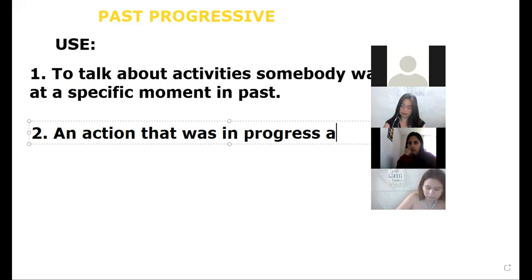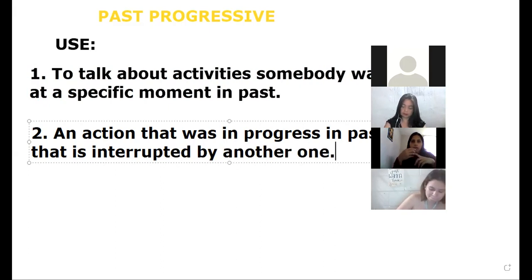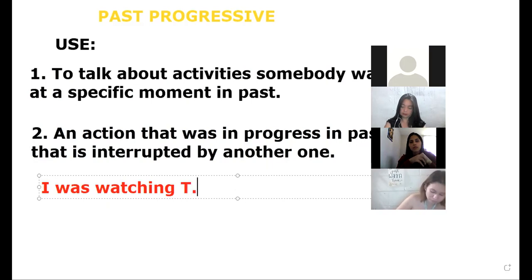An action that was in progress in past and that is interrupted by another one. For example, I was watching TV. This activity is in progress. I was watching TV.